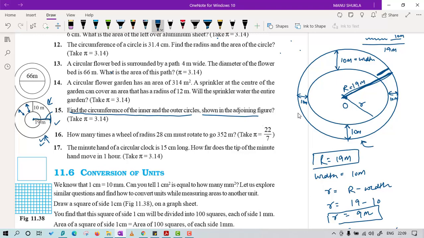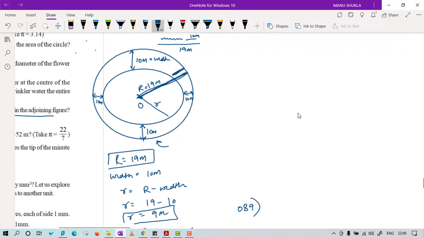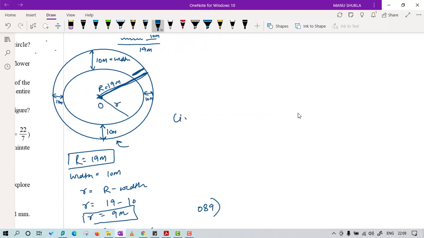That's it. Now the question is very simple. You just have to find the circumference. Very simple. The circumference of the outer circle is equal to 2 pi capital R, and the circumference of the inner circle is 2 pi small r.